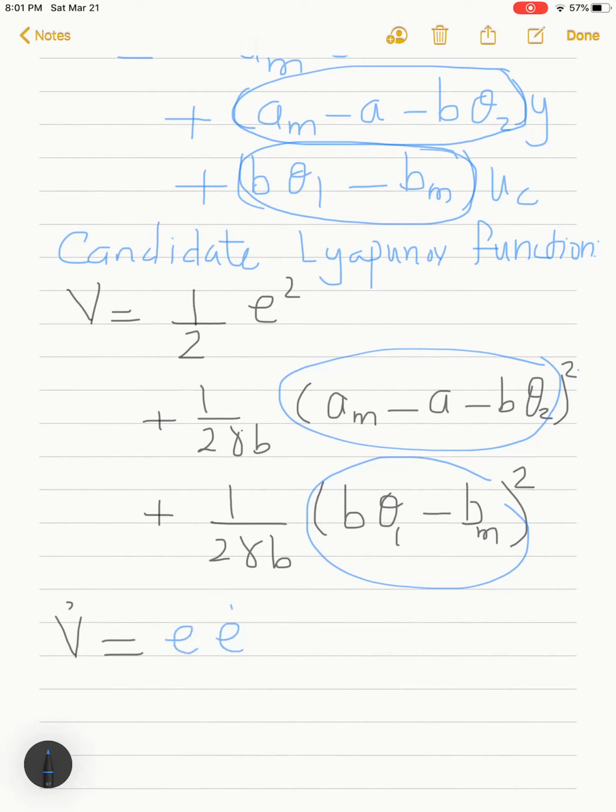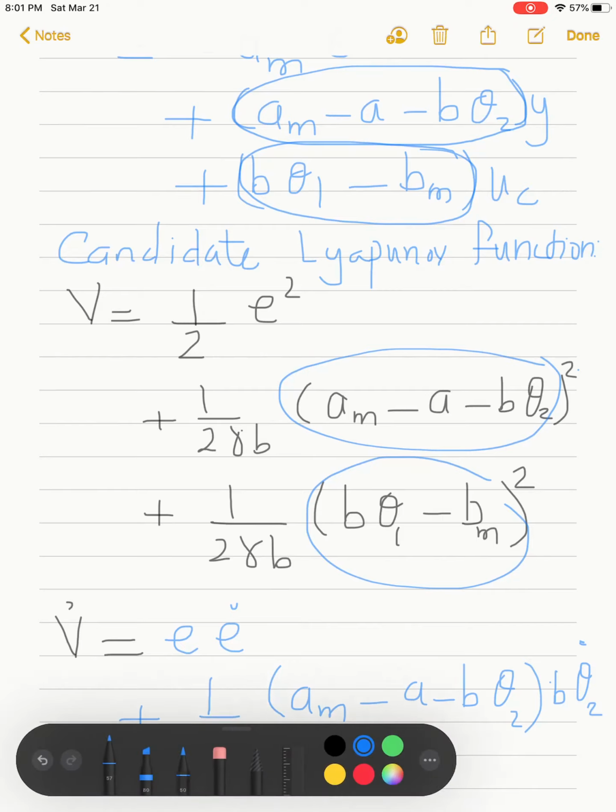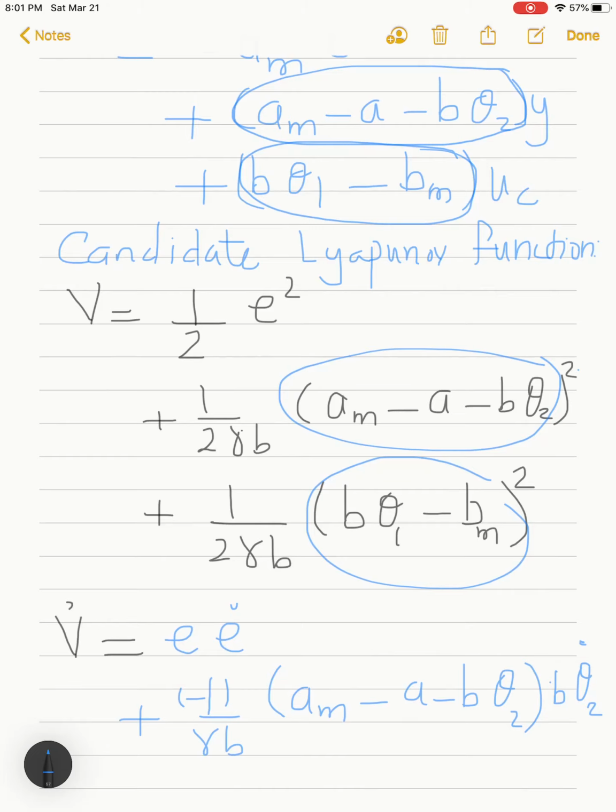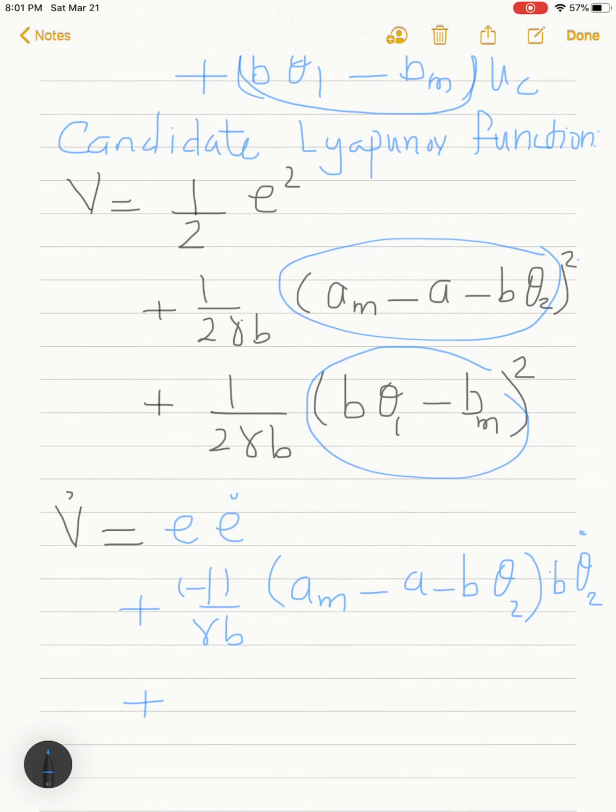That will give me e times e dot plus 1 over gamma b times am minus a minus b theta 2 times b theta 2 dot, with a negative sign, plus 1 over gamma b times theta 1 minus bm times b theta 1 dot.